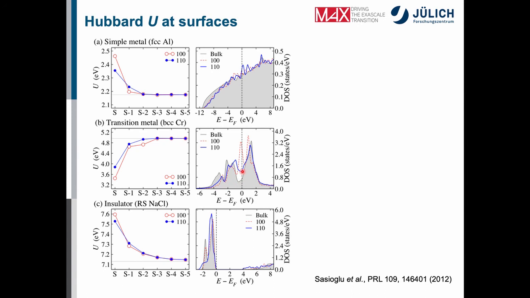These surface states are metallic and contribute significantly to the screening. So even though there are less electrons, the ones that are there can very efficiently screen the interaction. And this is why the surface Hubbard U parameter is smaller than the bulk parameter.